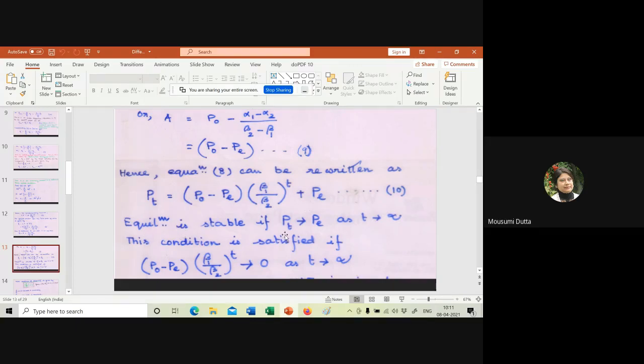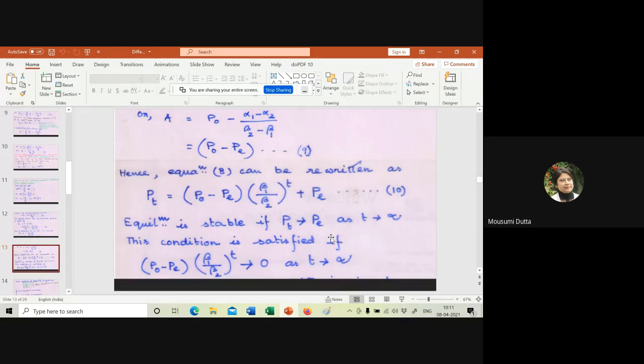So, if I put this condition as the stability condition, we need the other parts to tend towards 0 as T tends to infinity. This first term on the right-hand side should tend towards 0 as T tends to infinity.